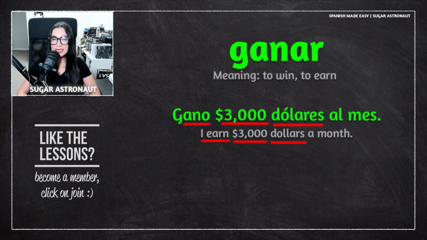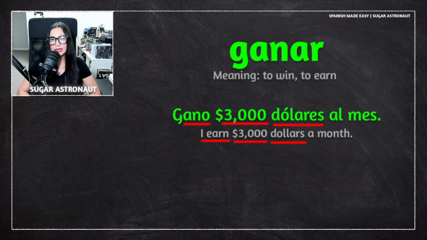Dólares canadienses, Canadian dollars, of course. There are terms for such things. But if you say $3,000, it's a common thing to say in America, right? You don't say 3,000 American dollars all the time. So dólares can refer to American dollars, of course.